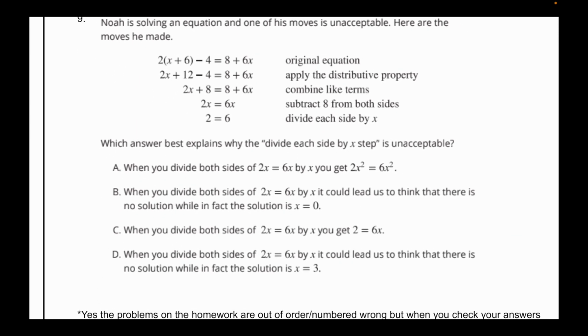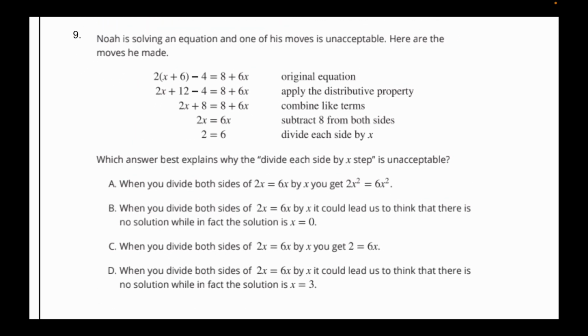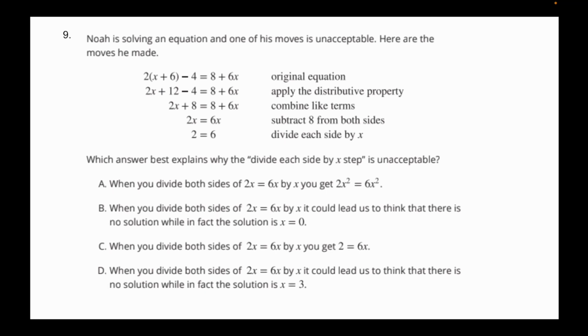Okay, oh my gosh, there's A, B, C, and D here, but it's multiple choice, so it's not like part A, B, C, or D. So let's look through this and then read what they're asking us and then maybe go back. So Noah is solving an equation and one of his moves is unacceptable. All right, so an invalid move or not an acceptable move, not a balanced move maybe.